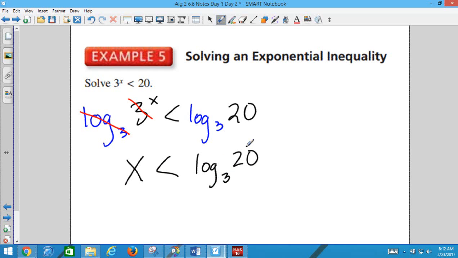So we have that x is less than log base 3 of 20. And at that point, x is by itself, so how do we find the approximate number of log base 3 of 20?